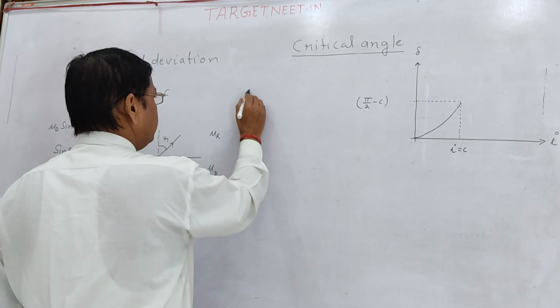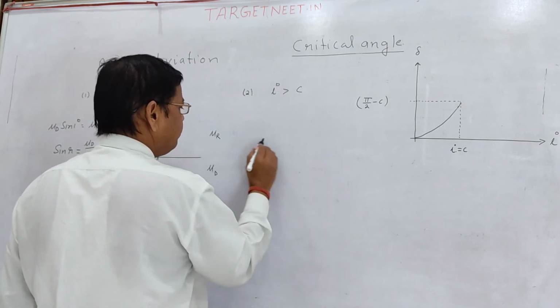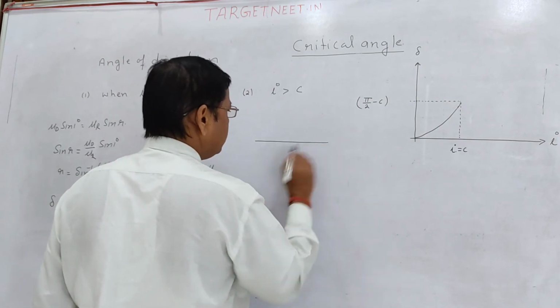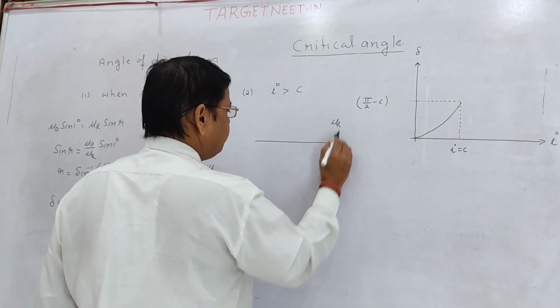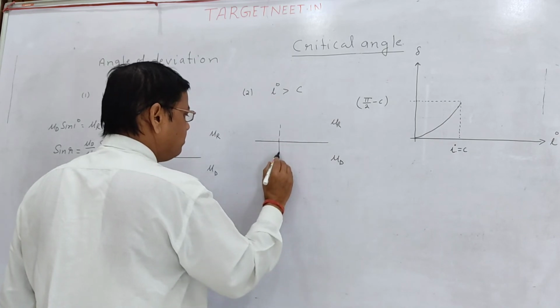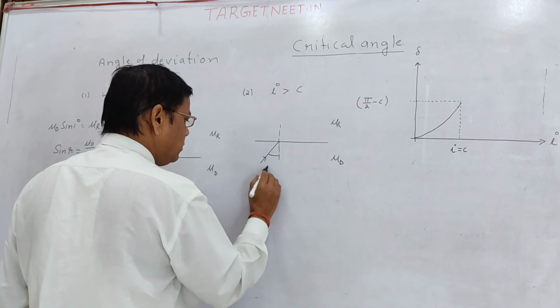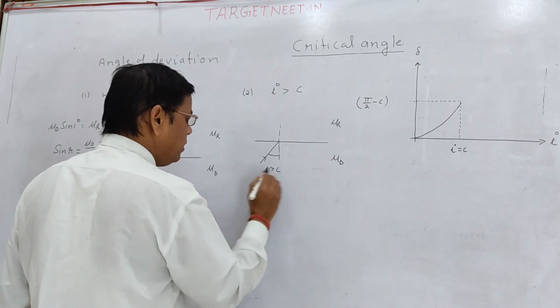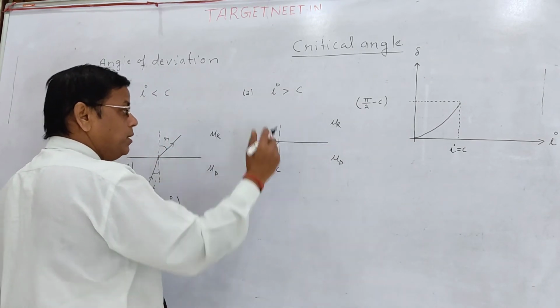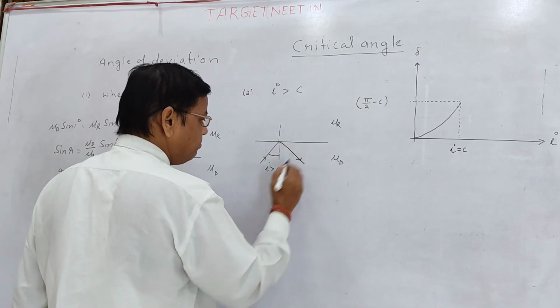So second case, when i is greater than C, this is a rarer medium, this is denser medium, this is greater than C. It means light will not go in second medium, it will be reflected internally.